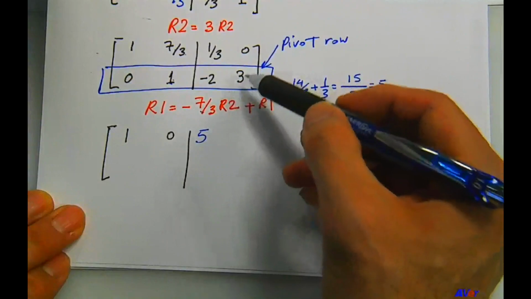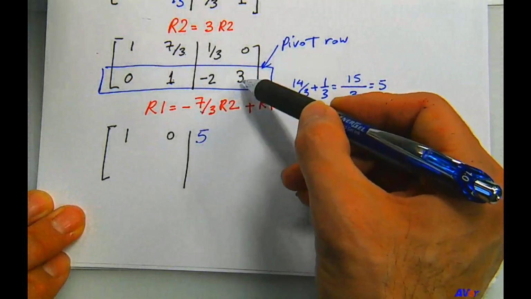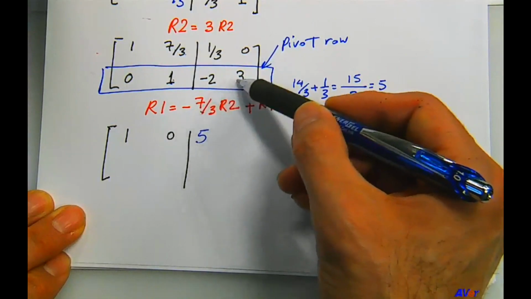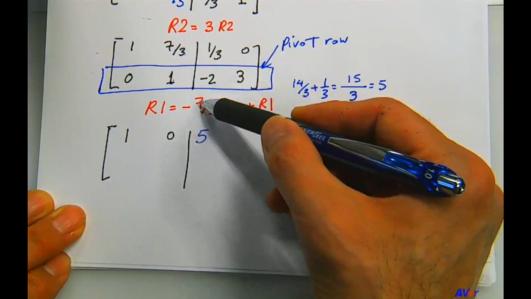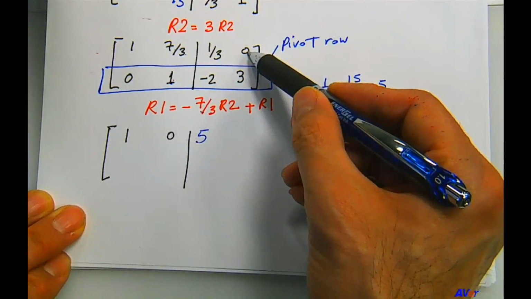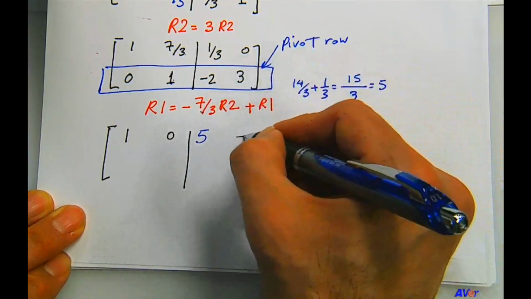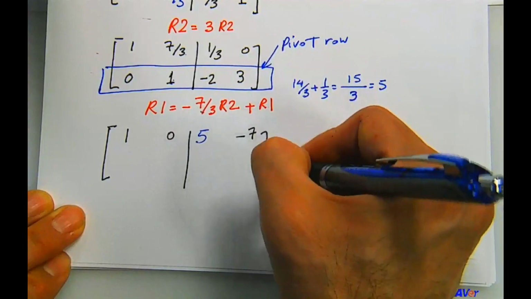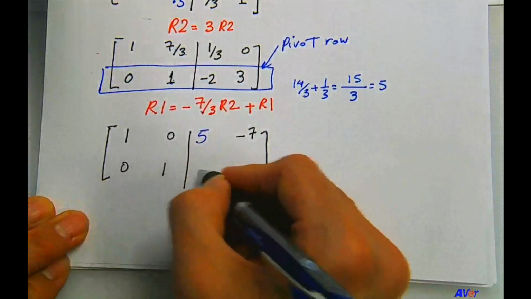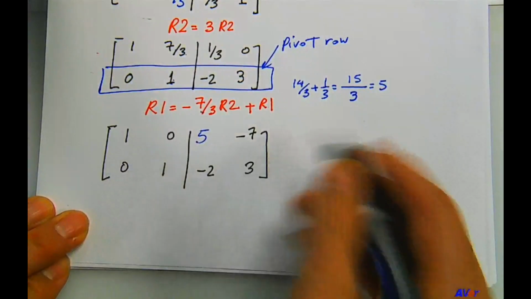Then we continue with the last one. Negative 7/3 times 3, that's negative 7, right? The 3 and 3 cancel, we get negative 7, plus row 1, which is 0 in that spot, so negative 7. The second row stays as it was because it is the pivot row.